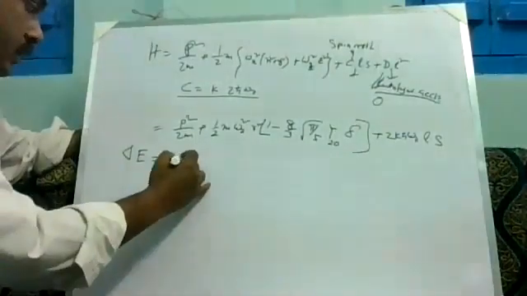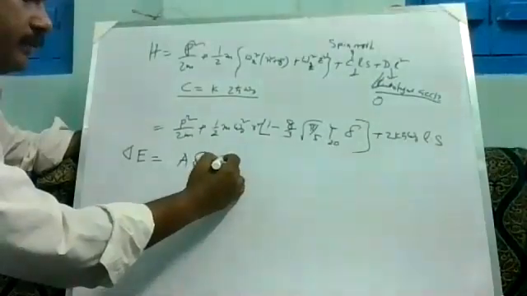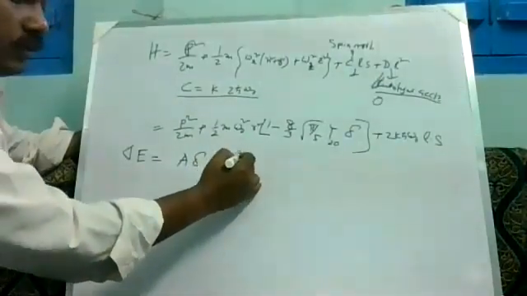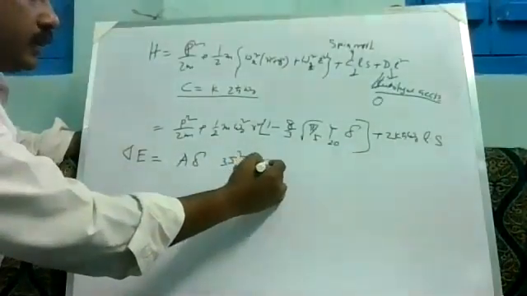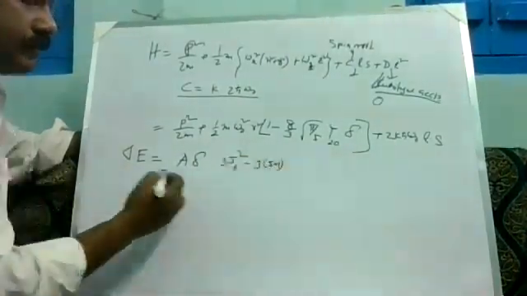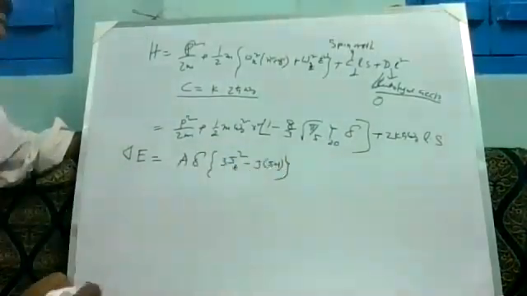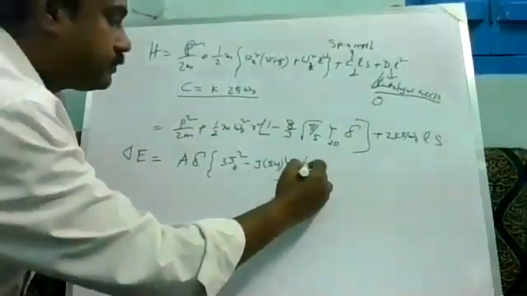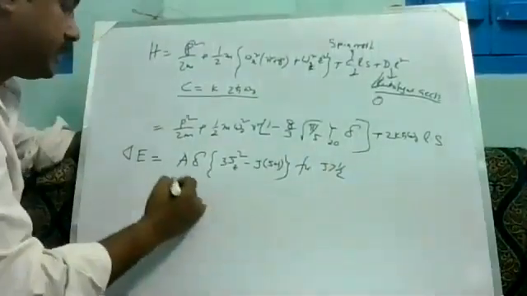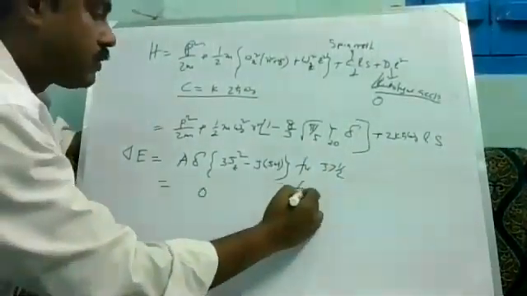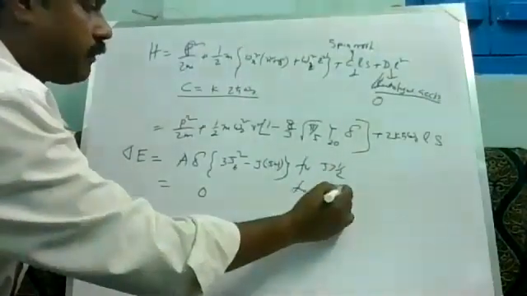This also, A is a constant, into delta, the deformation parameter, into 3 jz square minus j into j plus 1, for j greater than half, and this expression would be 0 for j equals half.